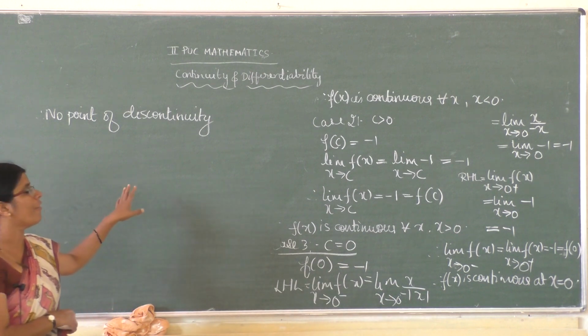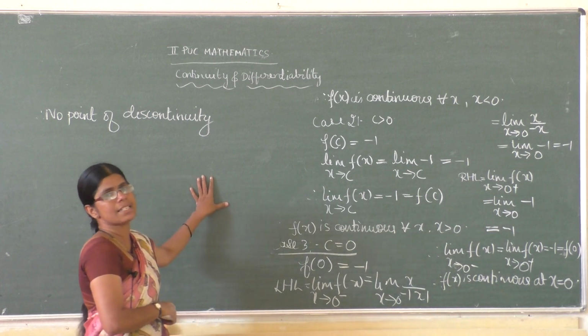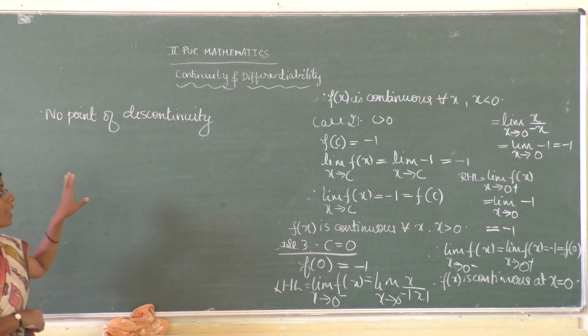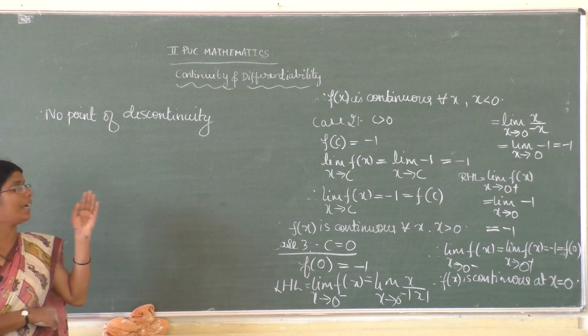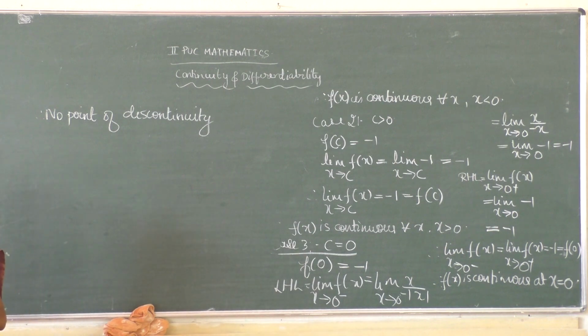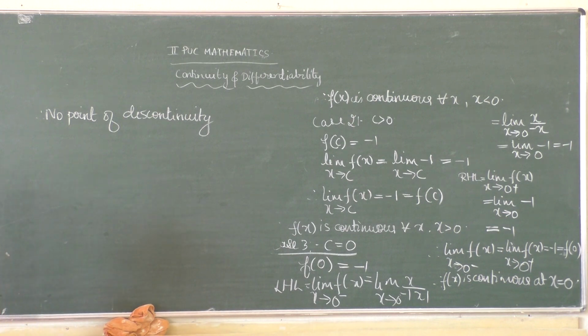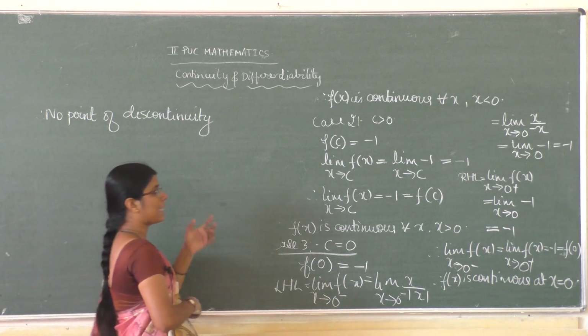Take some more functions and consider the different cases, and in each case try to find the points of discontinuity. That means whether the function is continuous or not continuous. So these are some different functions which we considered.